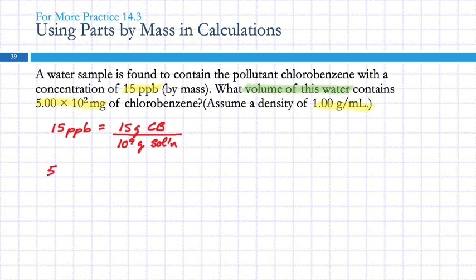Then we've got 5.00 times 10 to the 2 milligrams of chlorobenzene. And we have a density, 1.00 grams of the solution per milliliter of solution.